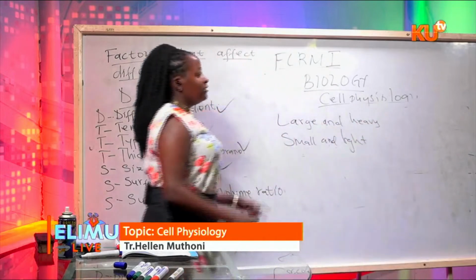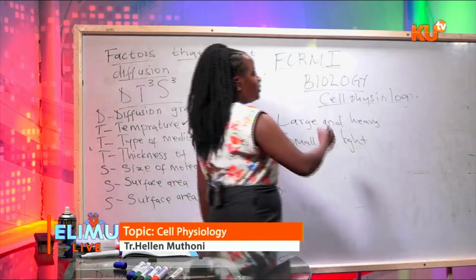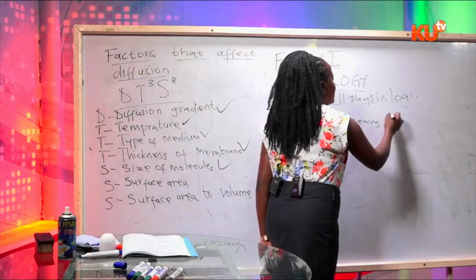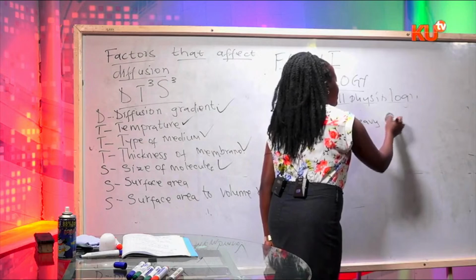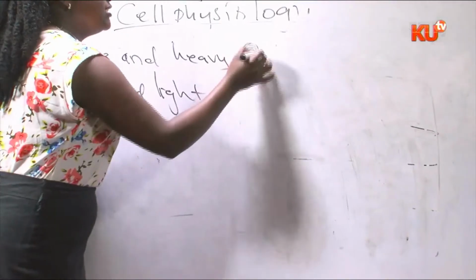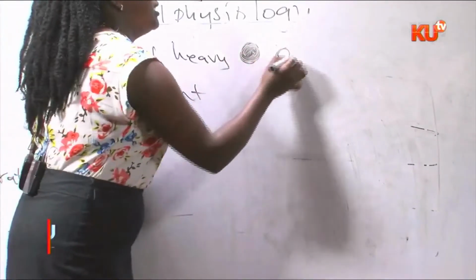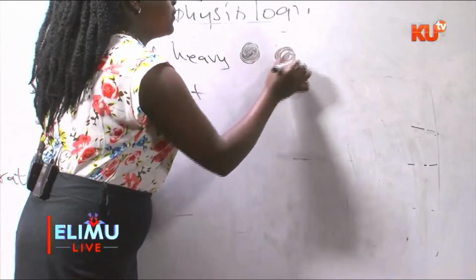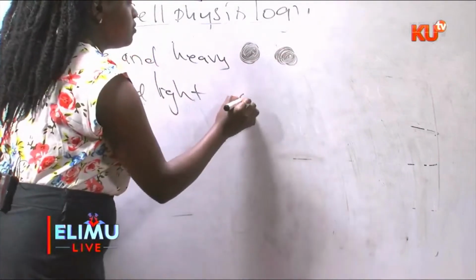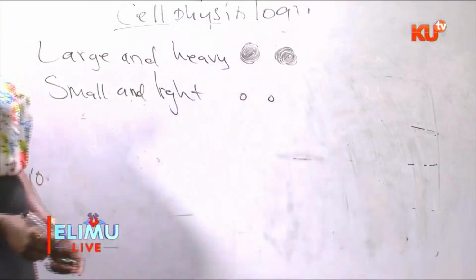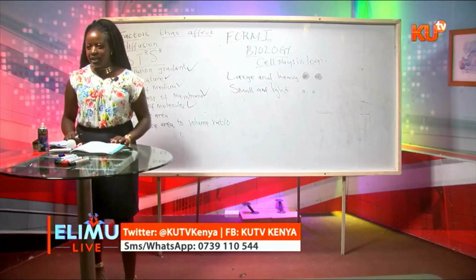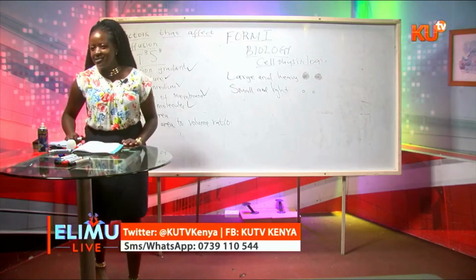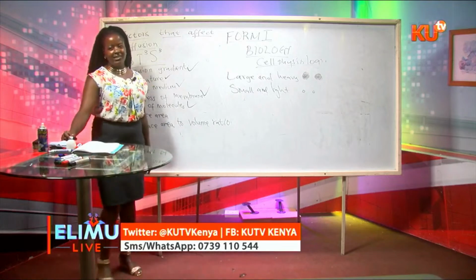So for large and heavy molecules, we can draw big shaded circles to demonstrate this. Large and heavy, they are big in size and their weight is more. Then we have these two unshaded circles to represent small and light molecules.